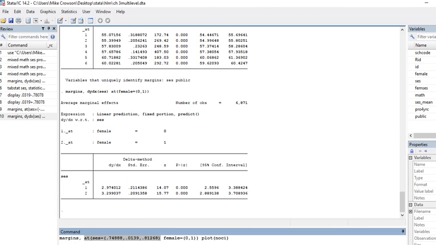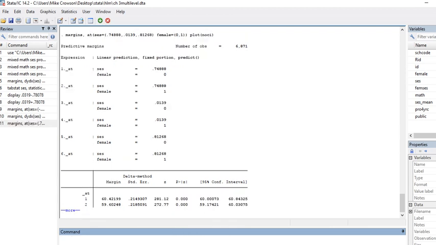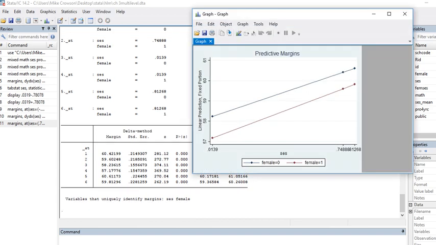You'll see that now we've got female is equal to 0, 1 for males and females. So the command structure is exactly the same as what we had previously. And when I hit enter, you'll see that I get the plot. Remember that the interaction term at level 1 was not significant. So we would expect the slopes to be reasonably equivalent.